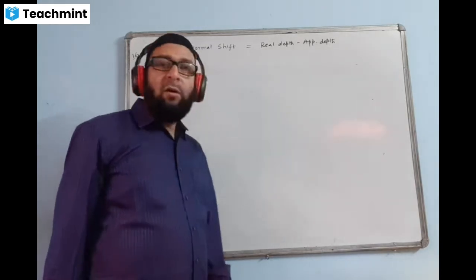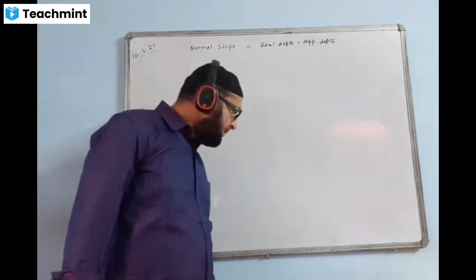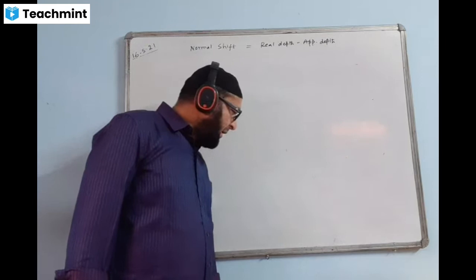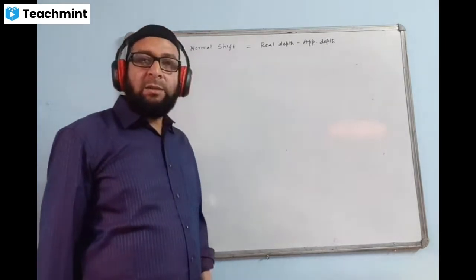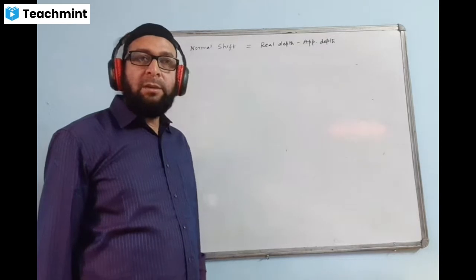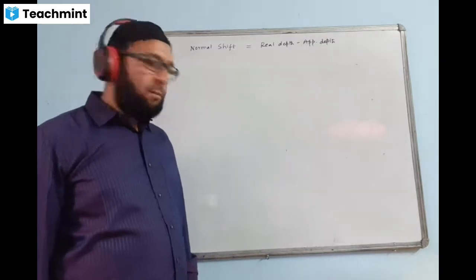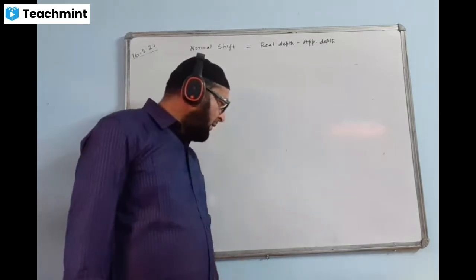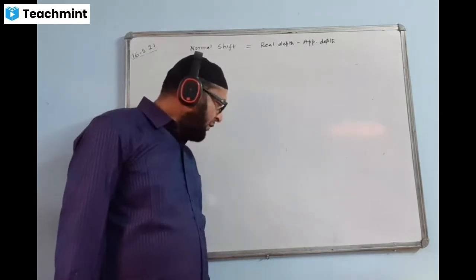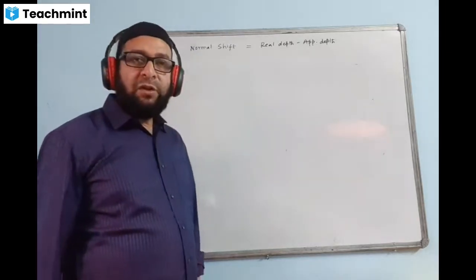The thickness of the glass wall is 2 centimeters. Find the apparent position of the fish.